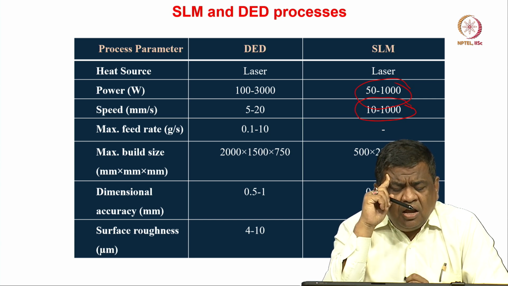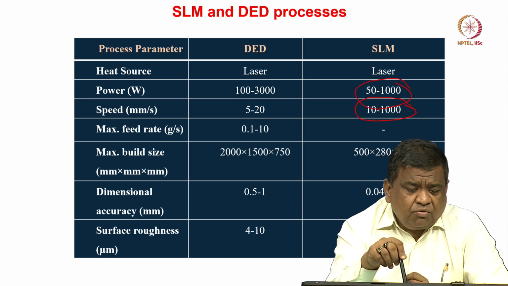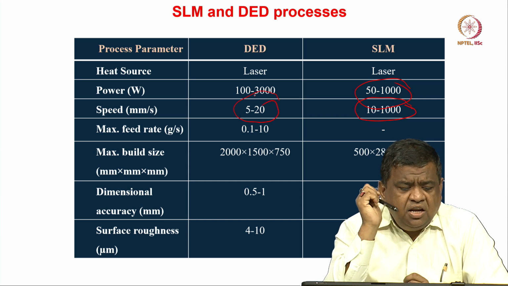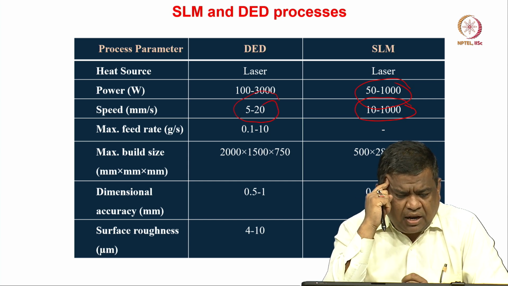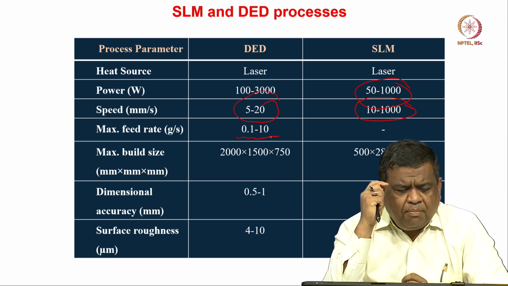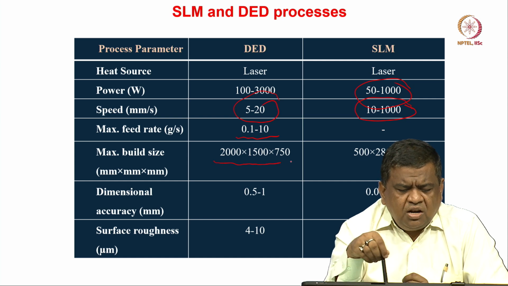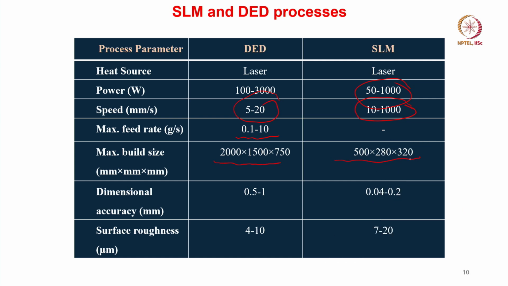This very high speed, from 10 millimeter per second to almost 1 meter per second, is quite high, whereas in DED it is 5 to 20 millimeter per second. Maximum feed rate is 0.1 to 10 gram per second. Maximum build size can go 2000, 1500 and 750, whereas SLM can go up to 500, 280, 320. So, if you look at the maximum build size, the DED process is more advantageous.